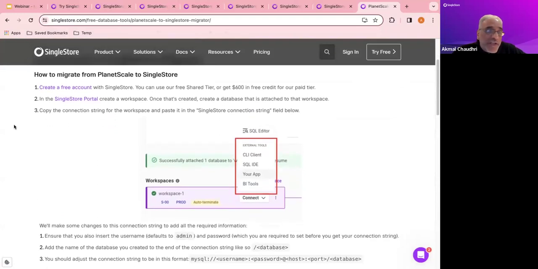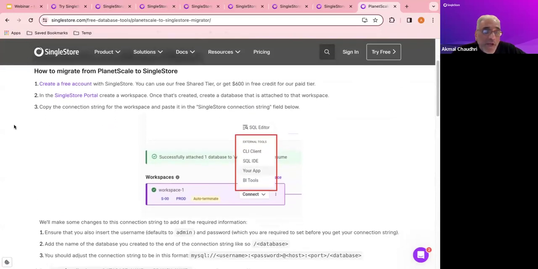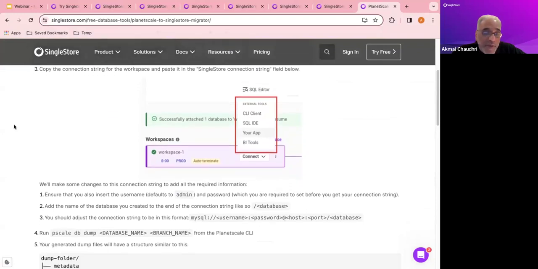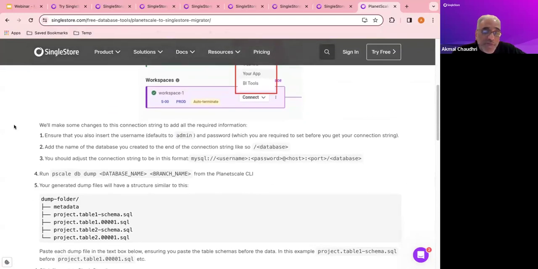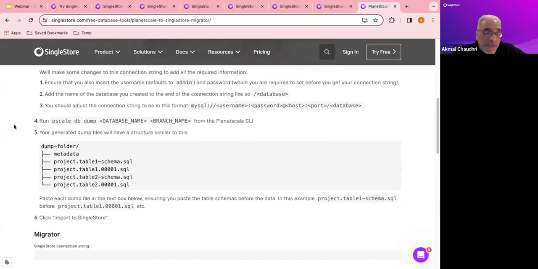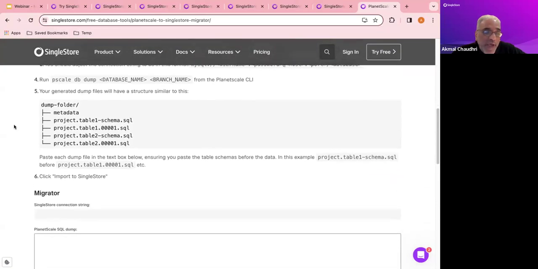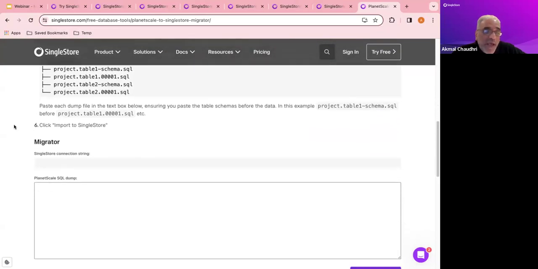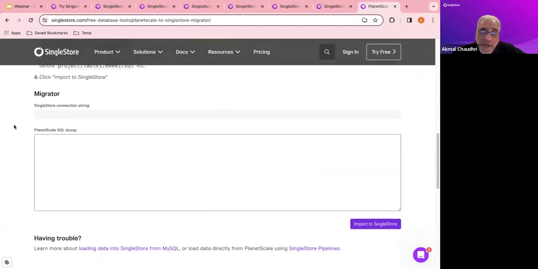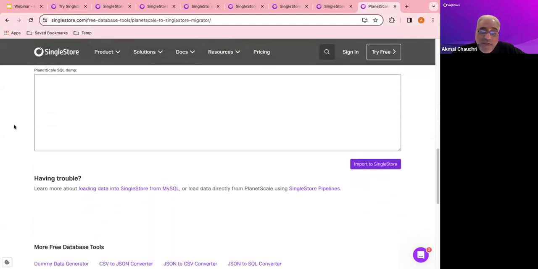Once you've created the free account and you're in the portal and you've created a workspace, essentially you just need to provide a little bit of information as documented here. And it will allow you to connect and ingest the data, and provide the means to do that for you using this web page, which makes your lives a lot easier.